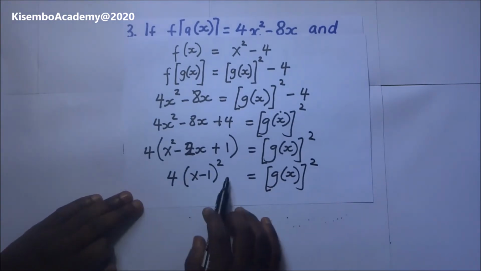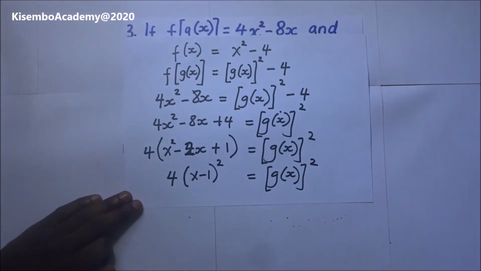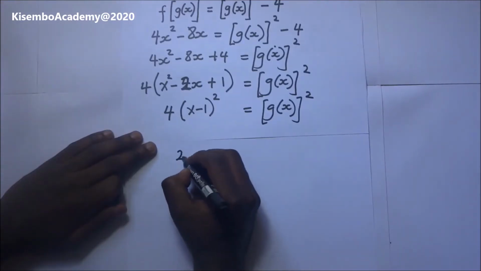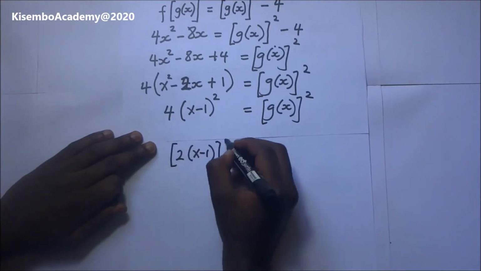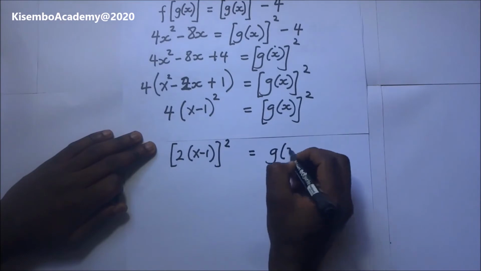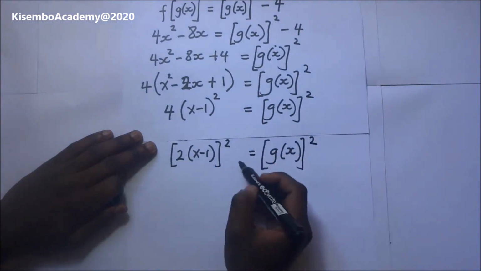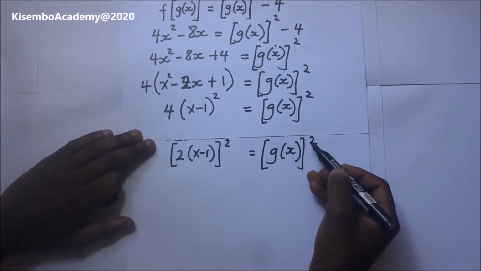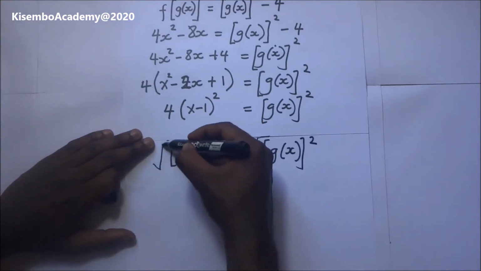So definitely, to make this whole thing squared, because we want to eliminate this square, we do it this way. This is going to become 2 into x minus 1, this whole thing becomes squared. This becomes g of x, this whole thing is also squared. So definitely, for us to get rid of this square sign, we find the square root on both sides.